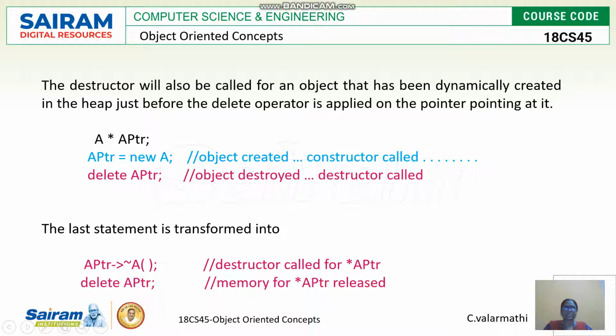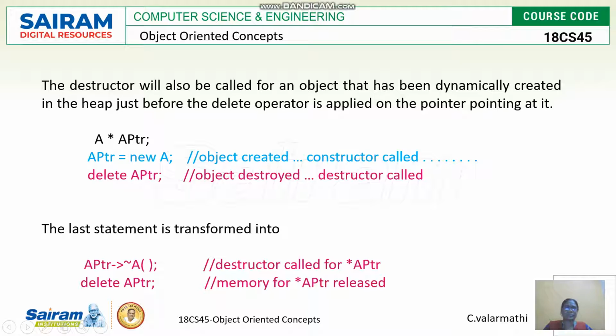What happens with a pointer object? In the same way, the new keyword is used to create a new object, and at that time the constructor will be called. After the object's work is done, delete is the keyword that will destroy the object.